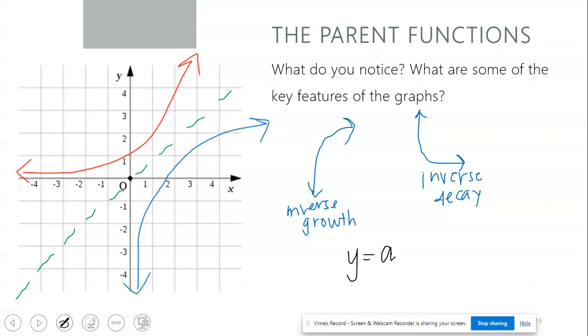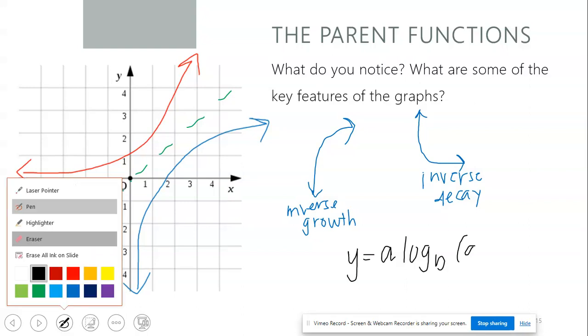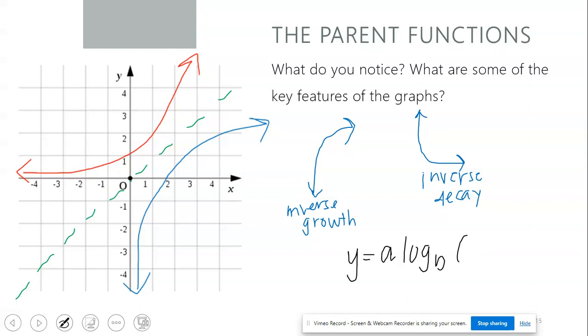But instead of our base of the exponential being b, we're going to have a logarithm with our base b of some sort of input. I'm going to use the letter a, with x minus our horizontal shift, and plus k on the outside representing our vertical shift.